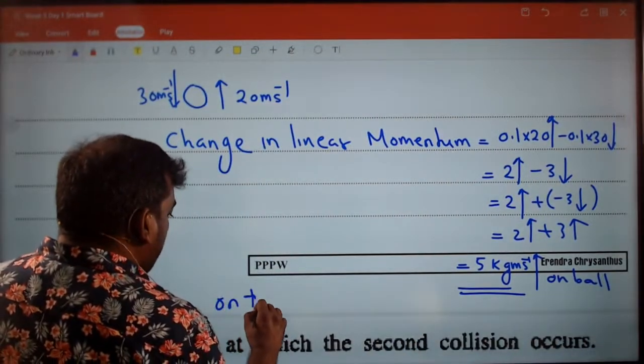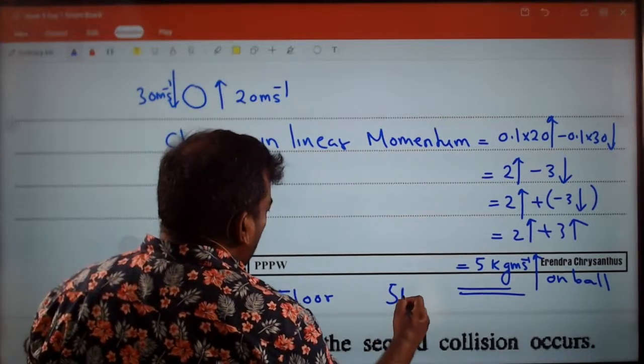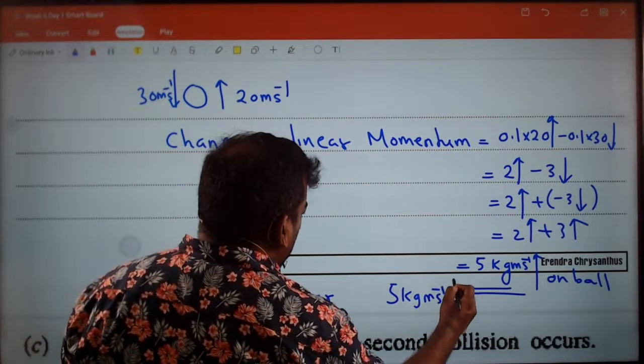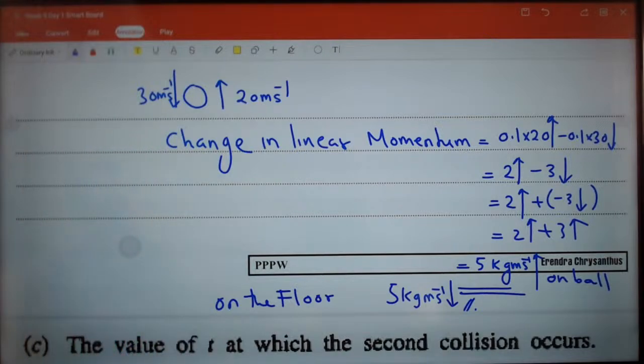On the floor, the momentum change is 5 kg m s minus 1 downwards.